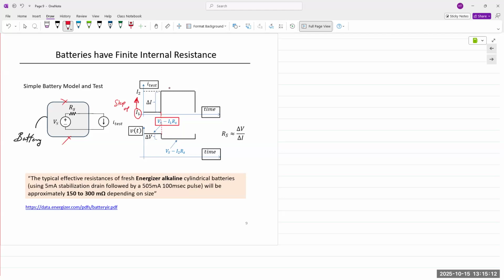Since that voltage drop increases, the output voltage should decrease. So there's a step down, a drop in the output voltage.